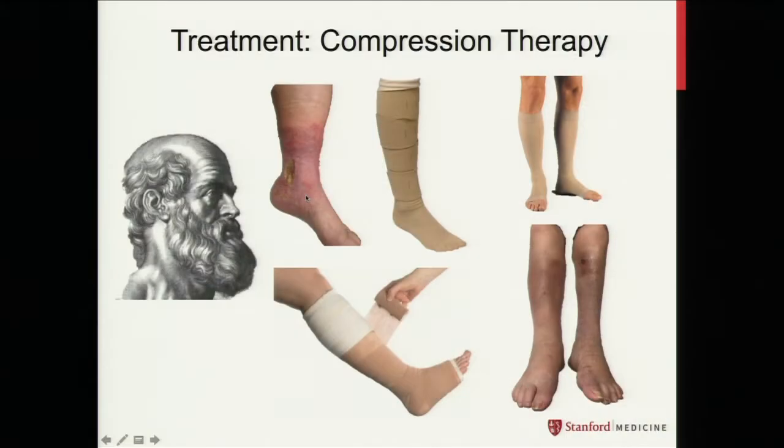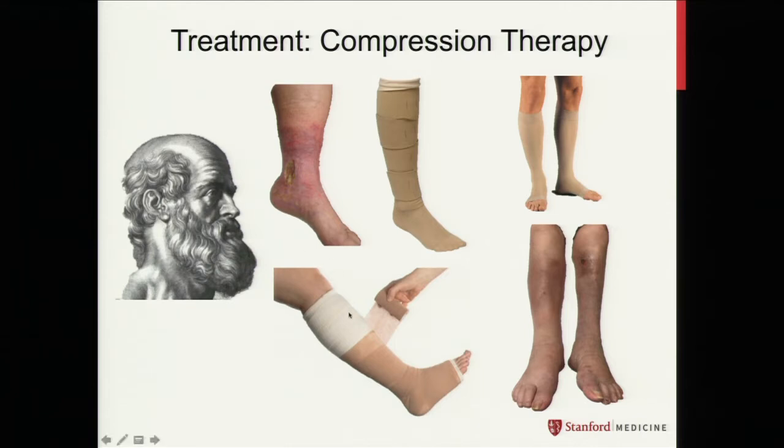So what do we do about them? Actually, the very first written account about these veins in relation to venous ulcers was by Hippocrates. He noted that when you have these ulcers in your legs, although he didn't know exactly what venous hypertension or veins were, he knew that if you wrapped them, they would heal.